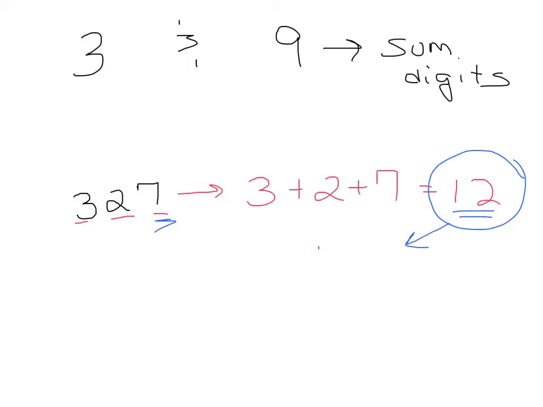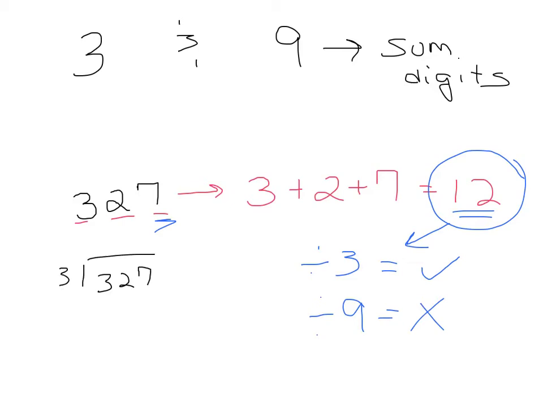I check, is it divisible by 3? 12 is divisible by 3, so yes. Is it divisible by 9? No. So the number isn't divisible by 9. If I do out the division, 327 divided by 3: 3 goes into 3 once, into 2 zero times, into 27 nine times. So 3 times 109 gives me 327.